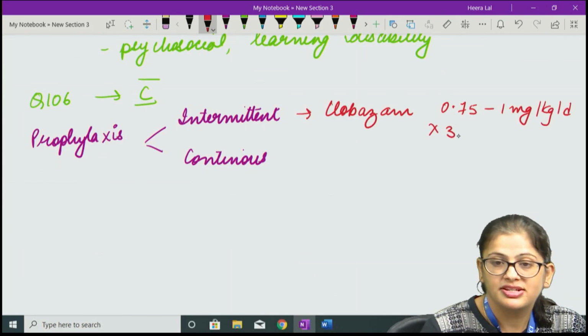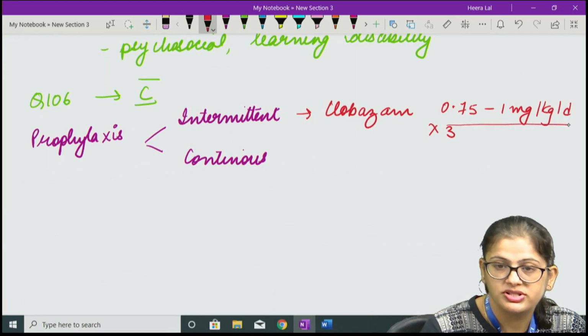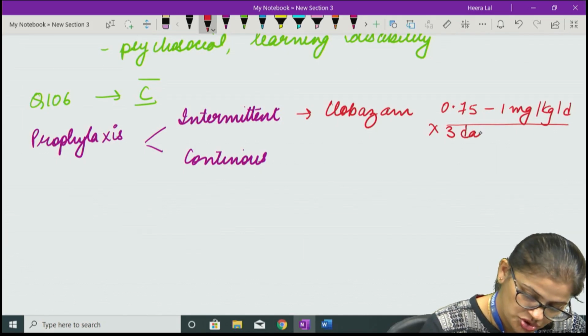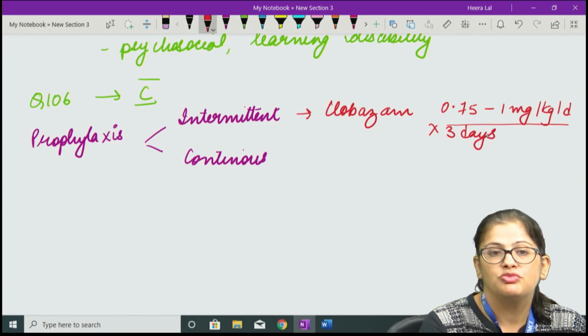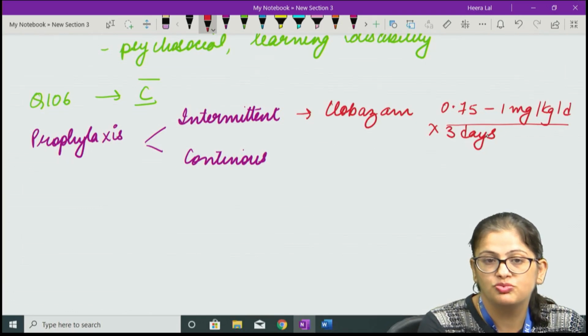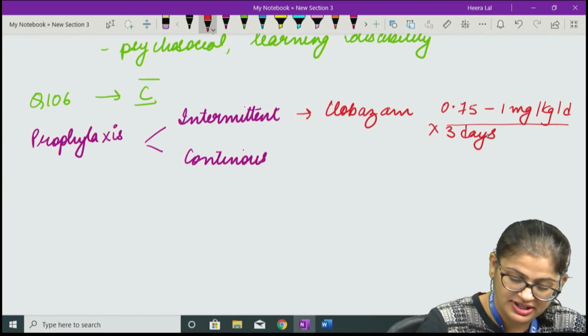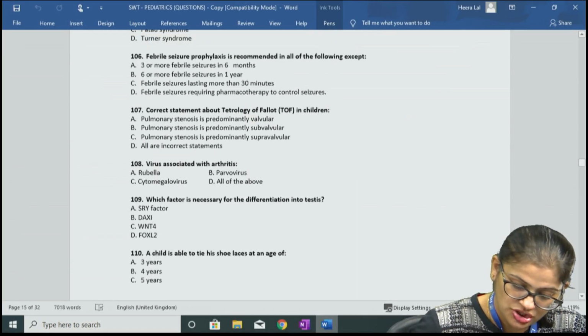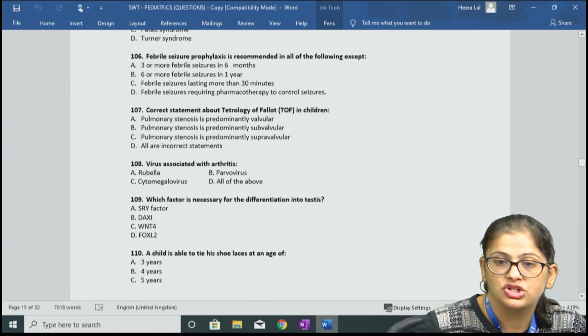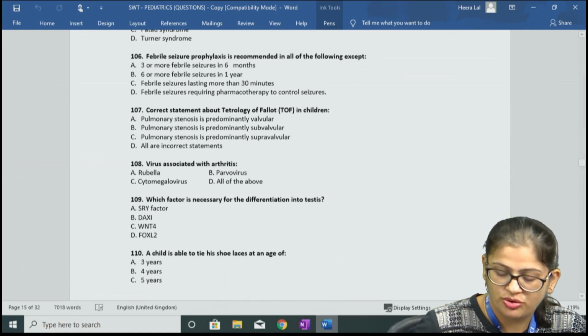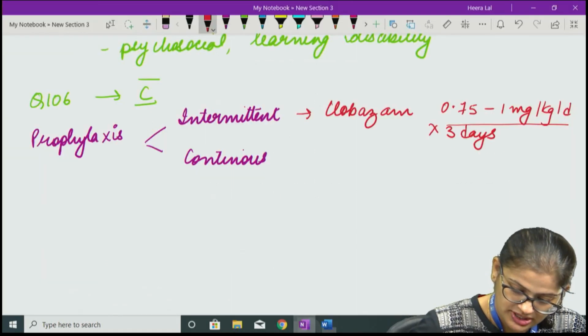So parents are supposed to be counseled that whenever there is onset of fever, they should start clobazam and give it in this dose for just 3 days for the duration of the fever, because febrile seizures mostly occur within the first 24 hours of onset of fever. So this intermittent prophylaxis can be given for children who have either 3 or more febrile seizures in 6 months or who have 6 or more febrile seizures in 1 year.